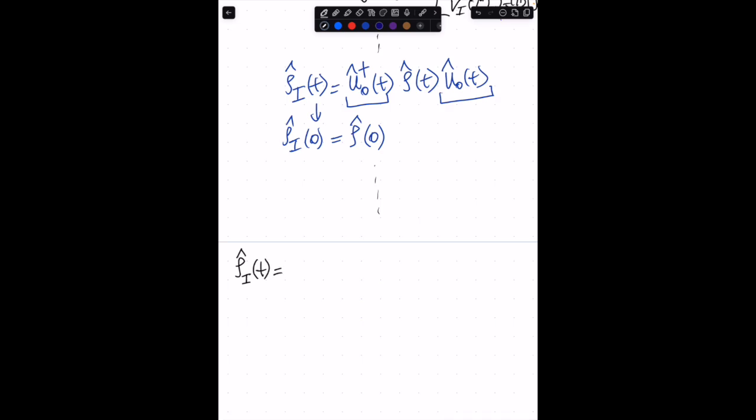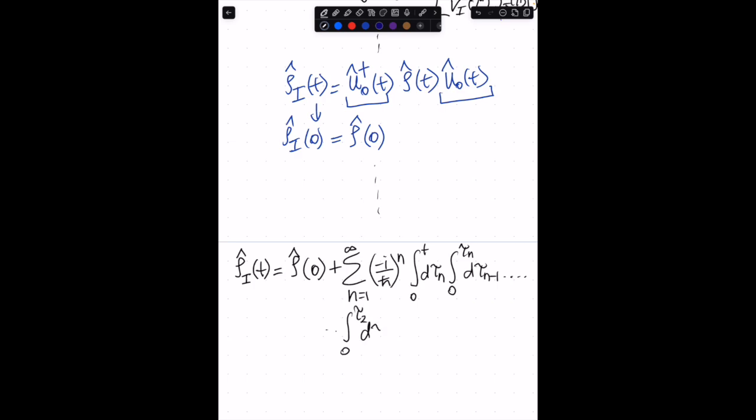Rho hat I(t) is equal to rho hat I(0), but I drop the I, so rho hat 0, plus the sum over n from 1 to infinity of minus i over h bar to the n, and then you integrate from, let's say, 0 to t d tau n, 0 to tau n d tau n minus 1, so on and so forth, to 0 to tau 2 d tau 1.